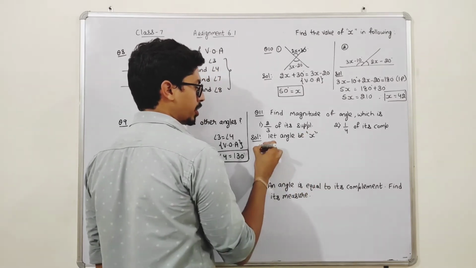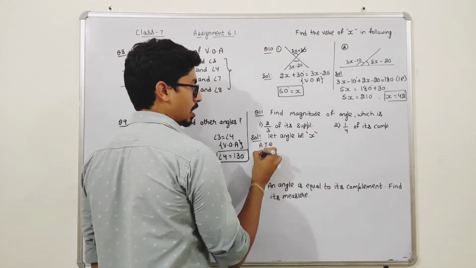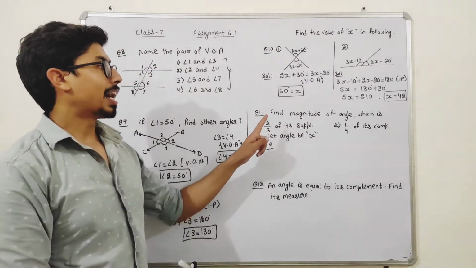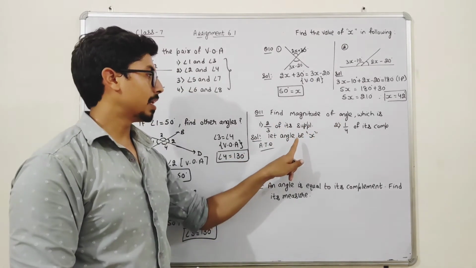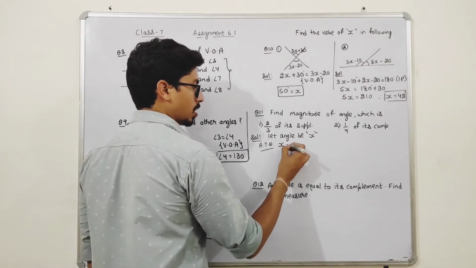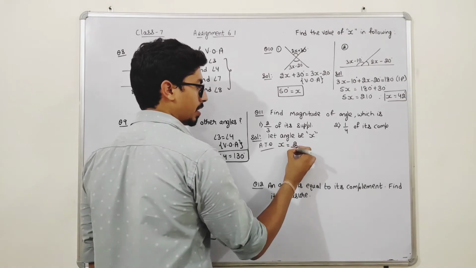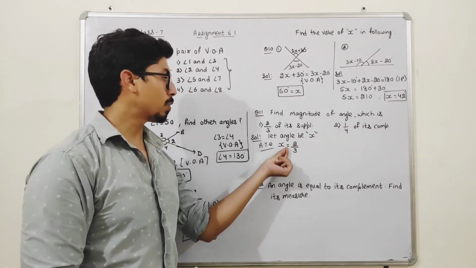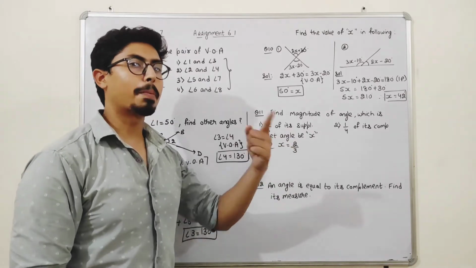So according to the question, students, I have to find the angle and I name it as x. So x is equal to 2/3 of its supplement.